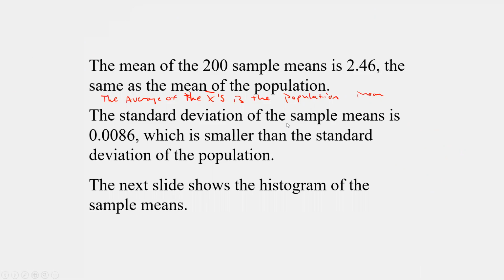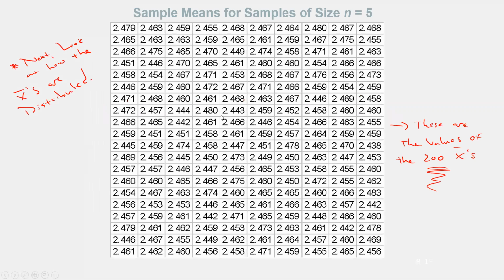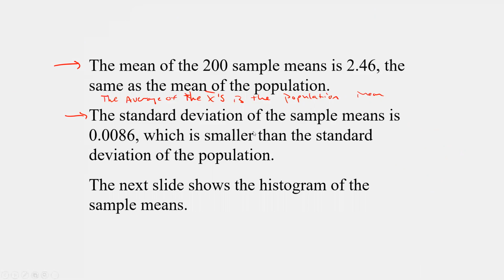The next thing I noticed that's a little weird is if I calculate the standard deviation of all these sample means, it turns out to be this number, 0.0086, which was smaller than the standard deviation for the population. Just recall, the population standard deviation was 0.02.